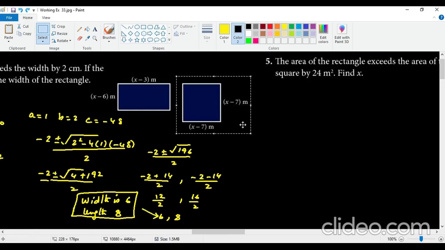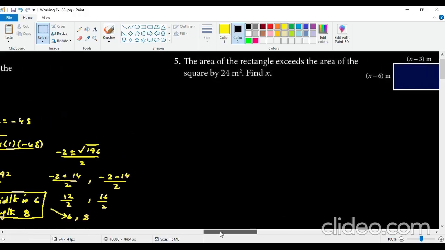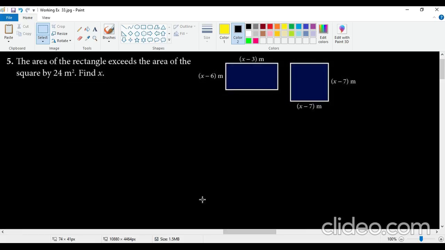This diagram doesn't belong here. Okay, so this image was for question number 5. In here you can see that this is the length of the square, and we multiply these two together, so it gives us different equations.